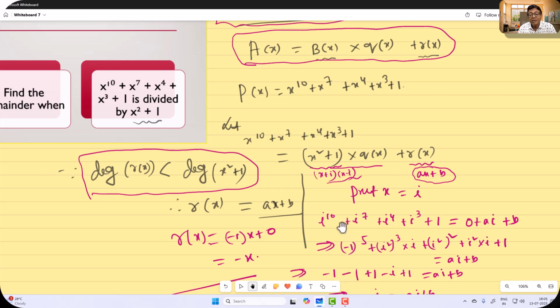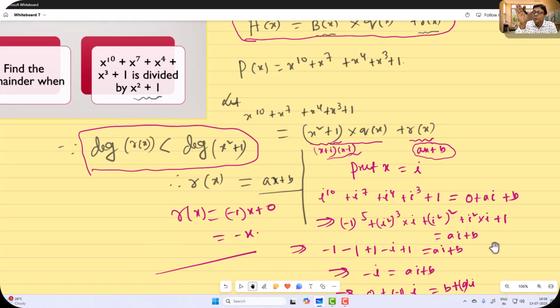Simplify it: it is (i square) to the power 5, (minus 1) to the power 5, which is minus 1, (i square) cube, that is again minus 1, odd power, i to the power 4 is 1, i cube is minus i, 1, equals ai plus b. See, once you put i over there, then you can get both a and b on comparison.